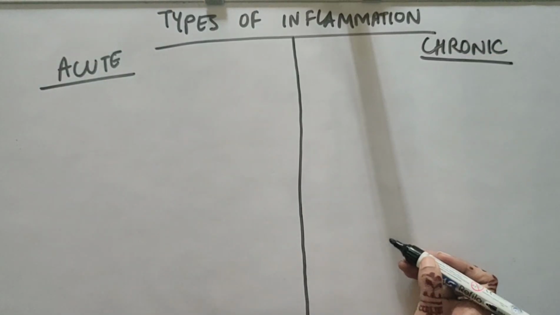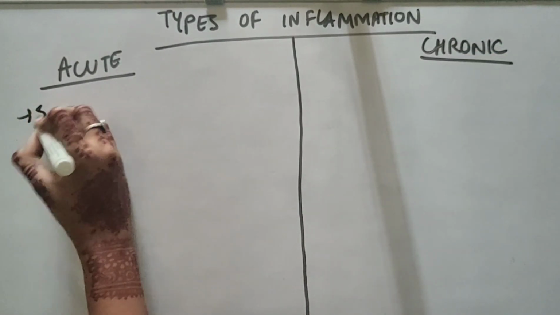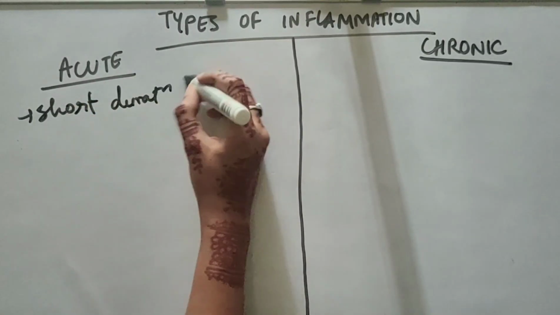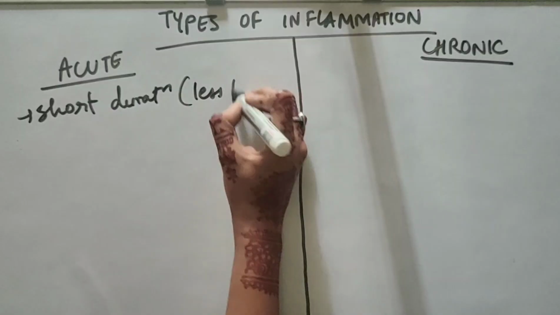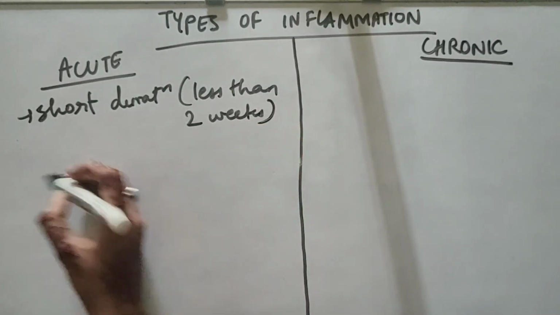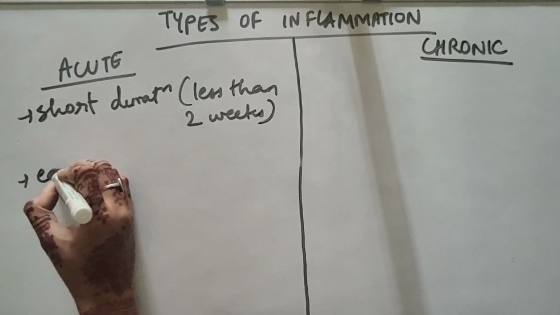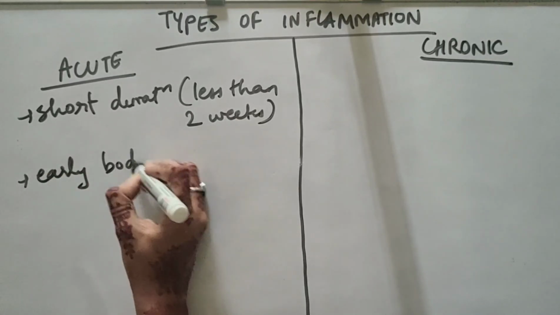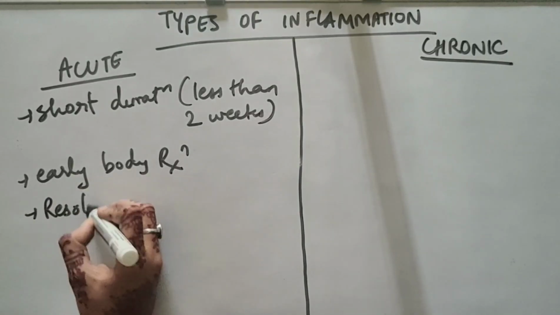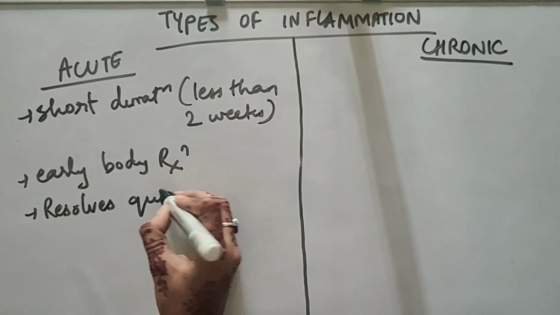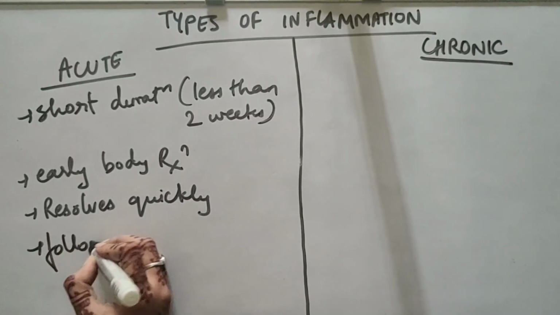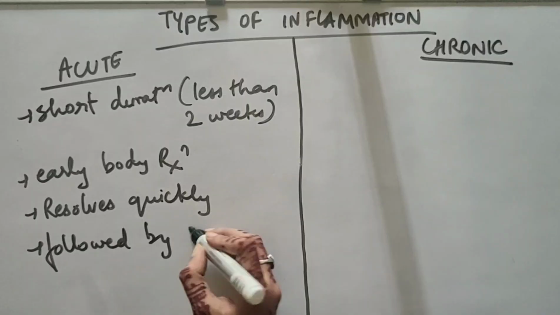So very first, acute inflammation, it is of short duration, lasting less than 2 weeks, and it represents the early body reaction. It resolves quickly and is usually followed by healing.